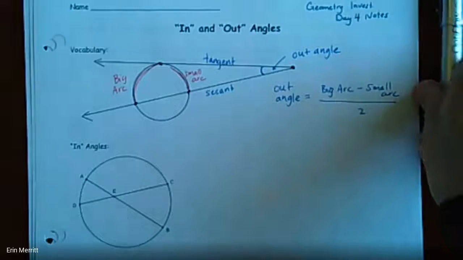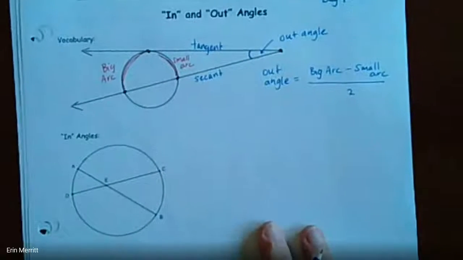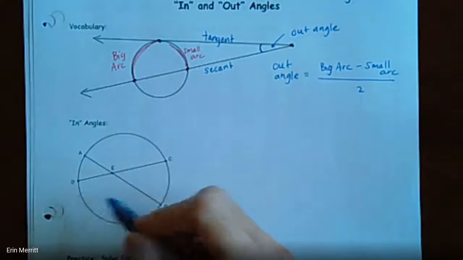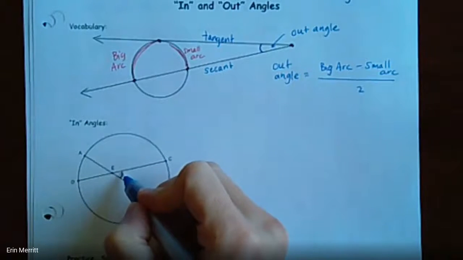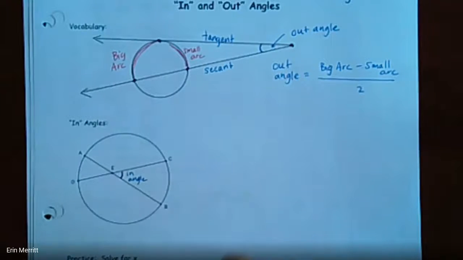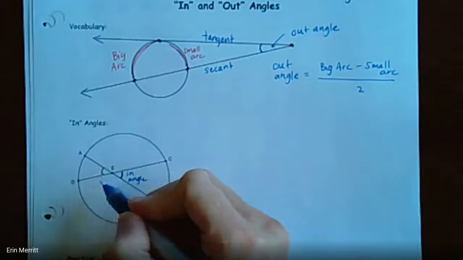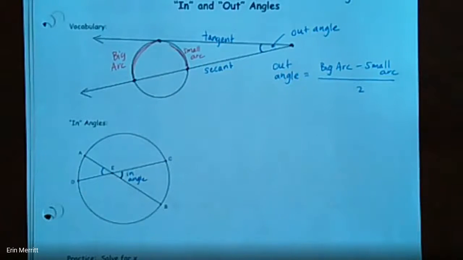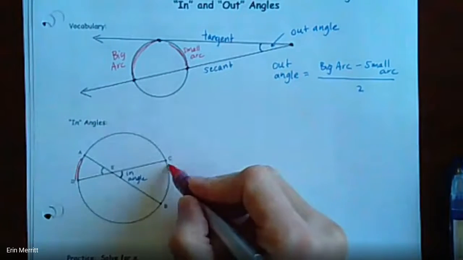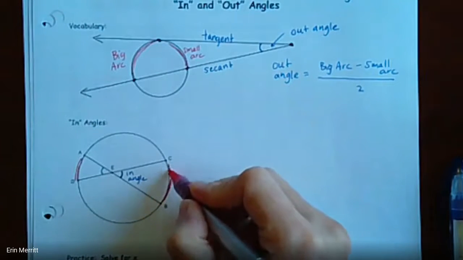Whereas when we're talking in angles, that means we're on the inside of the circle, and it's where two chords cross each other. So as an example, this right here would be an in angle. When we went over this the other day, we said the angle across from it, or its vertical angle, would also have the same measure, and it's equal to the sum of the two arcs that the angles open up to divided by 2.